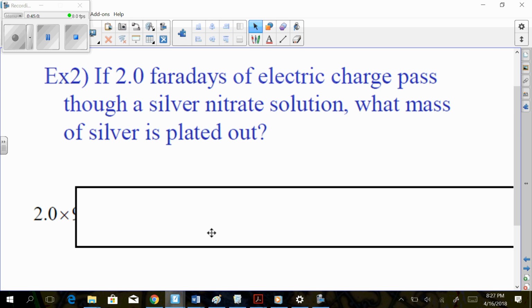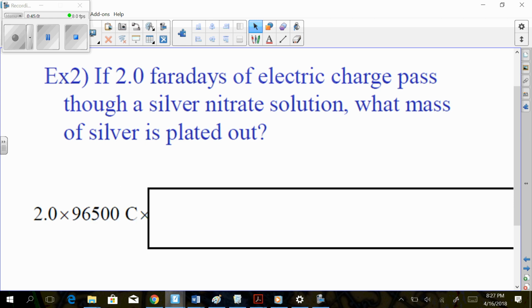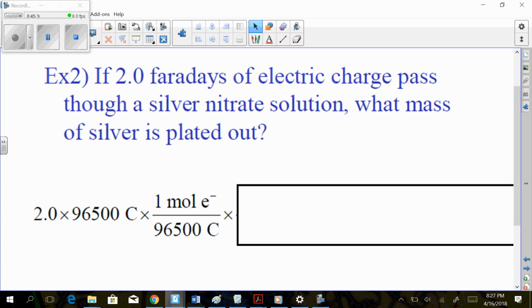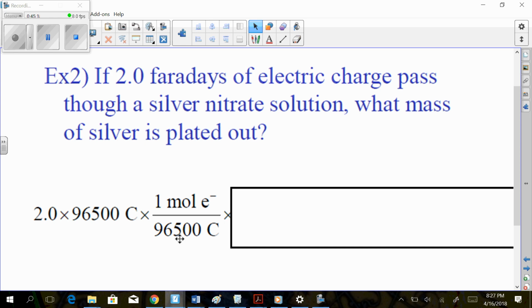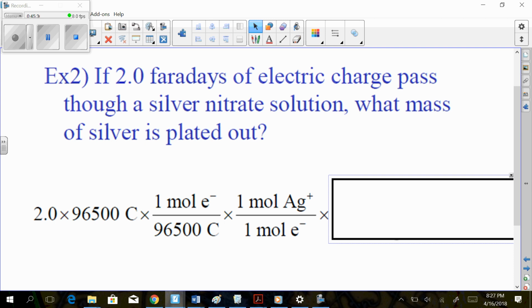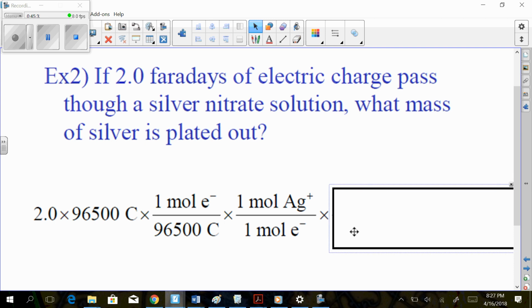So 2 Faradays means I have two times 96,500 coulombs of charge. I know that for every 96,500 coulombs of charge, that gives me 1 mole of electrons. And for every 1 mole of electrons, same reaction again, I can use up 1 mole of silver ions.